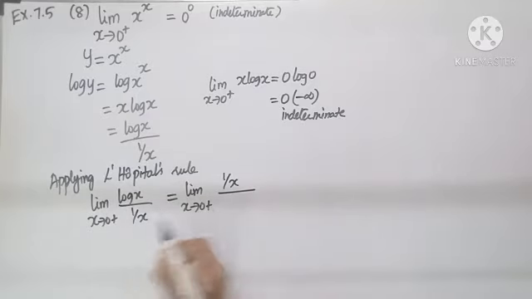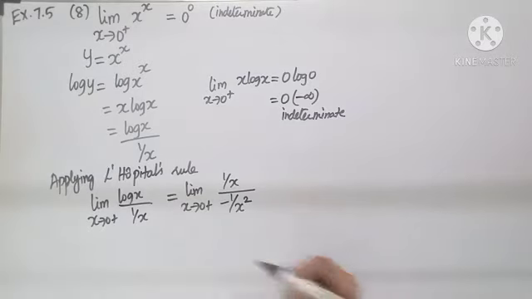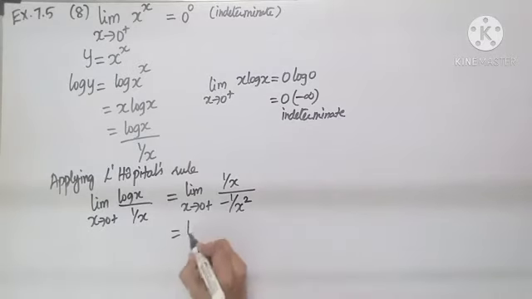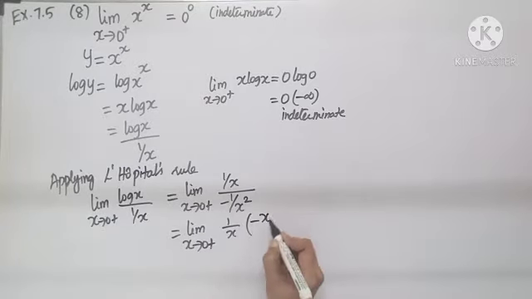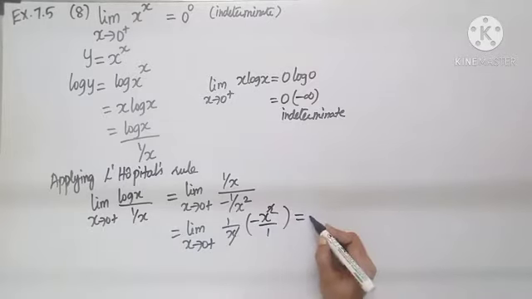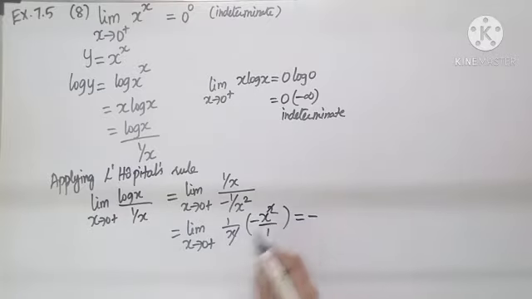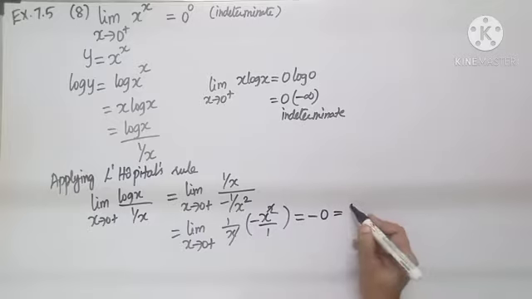Derivative of 1 by x is minus 1 by x square. Reciprocate, we get limit x tends to 0 plus 1 by x into minus x square by 1. We can cancel one x and my answer is minus x, value 0. We do not write minus 0, so 0 is the answer.